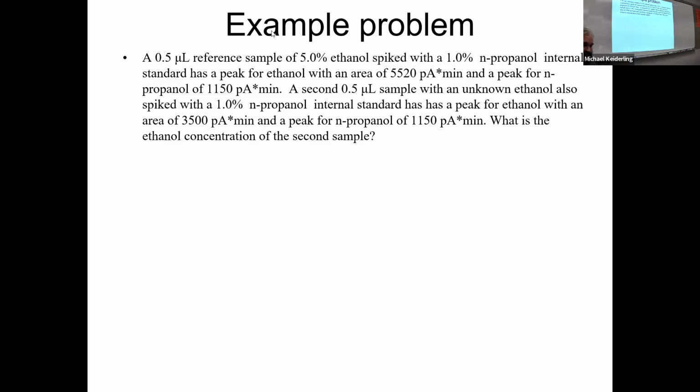So basically, what you can do is: concentration 1 over concentration 2 is going to be the peak of ethanol 1 over the peak of ethanol 2. It's just a standard ratio thing.